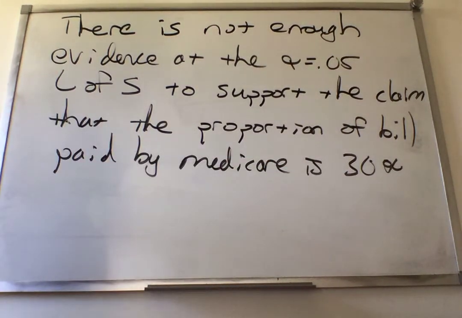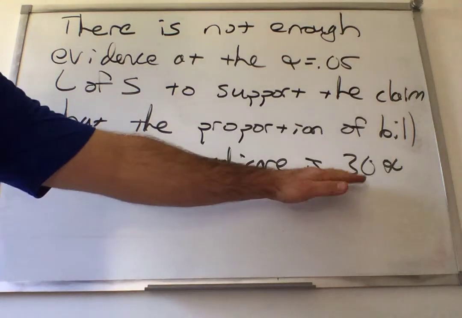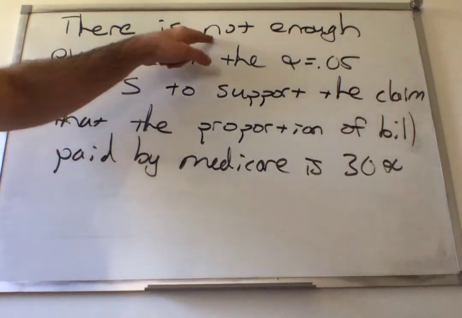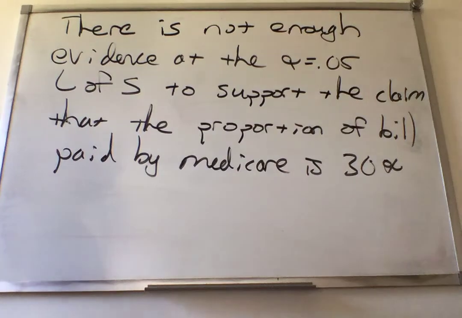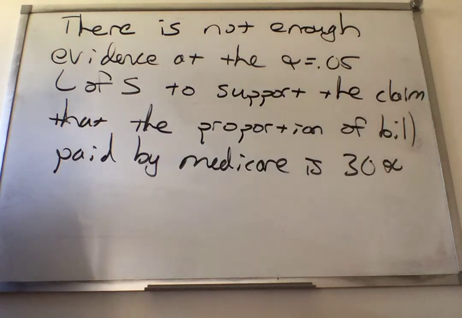We rejected the null hypothesis, and that's where our claim was. So we don't have enough evidence to support that claim. Again, a good way of writing these conclusions is to either have enough evidence to support your claim or not enough evidence to support your claim. Okay, there are alternative ways of writing it, but I think if I just give you one good way of writing it, and we're consistent about it, it's going to confuse you less.